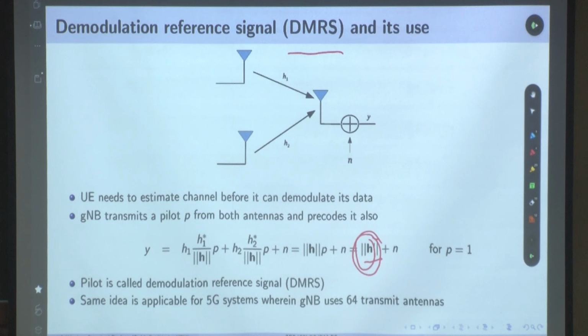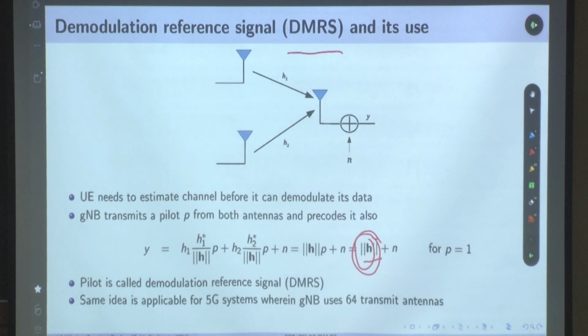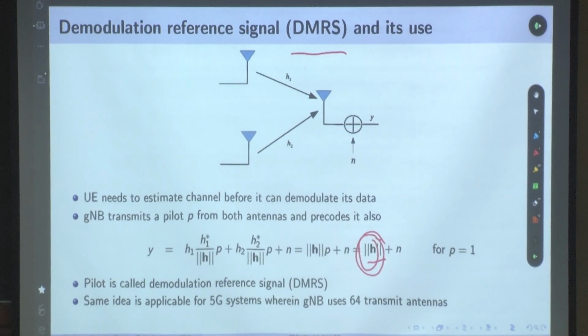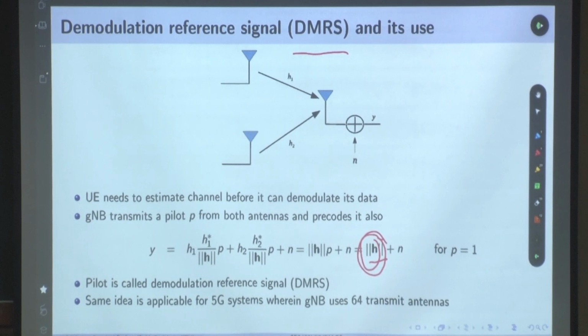To summarize, in this example which we have considered, SRS is used for estimating the uplink channel, that is step number 1. Once the base station has the uplink channel, it knows the downlink channel because it is operating in TDD mode. Now, the base station uses that channel to precode the CSIRS.